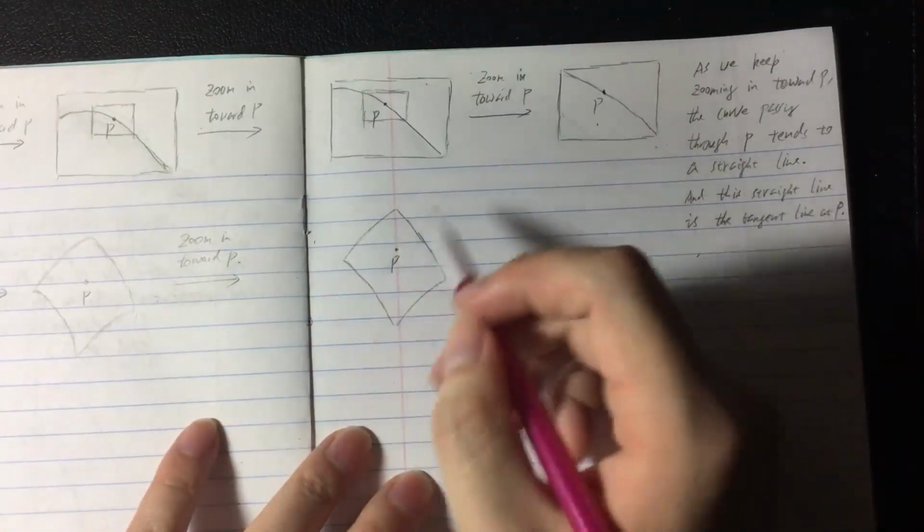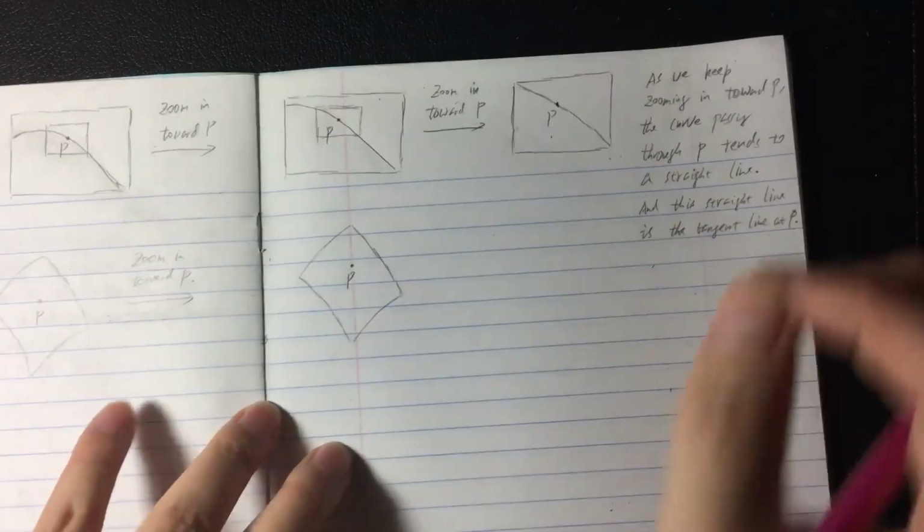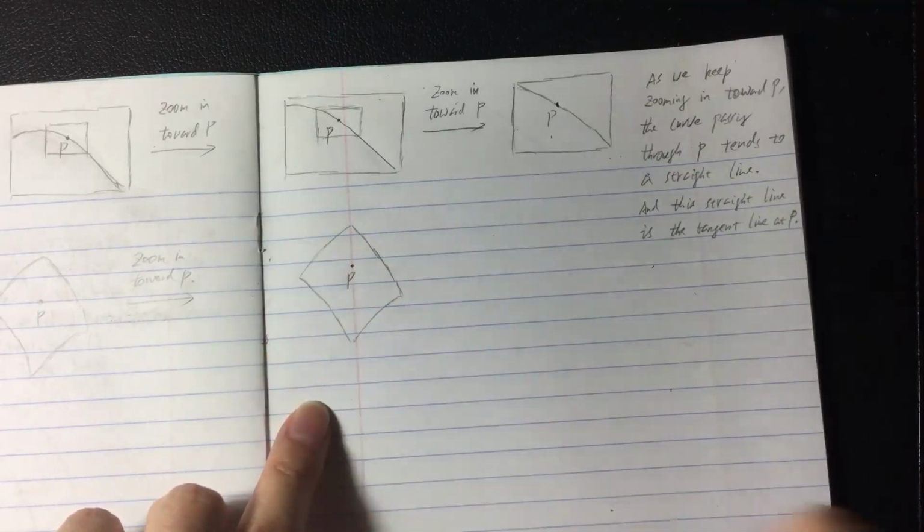As we keep zooming in, this surface passing through P will eventually be a flat plane. And this flat plane is called the tangent plane of the surface at point P.